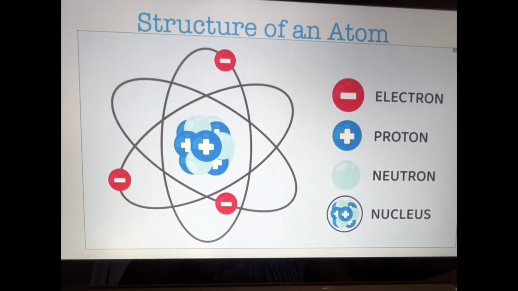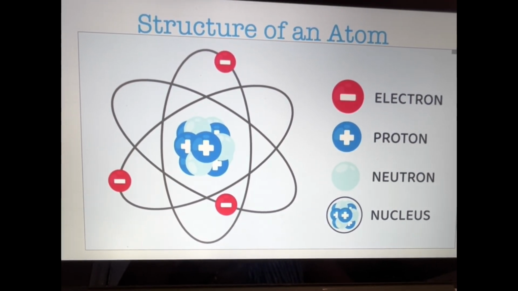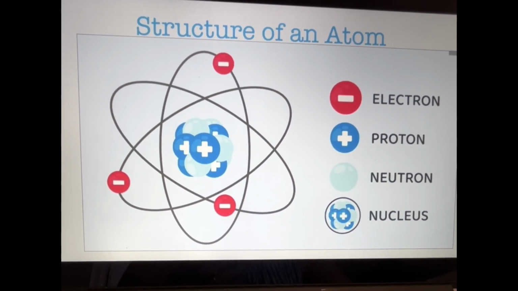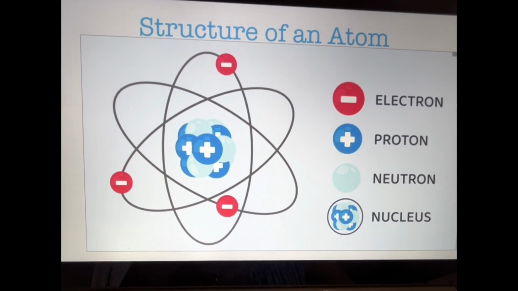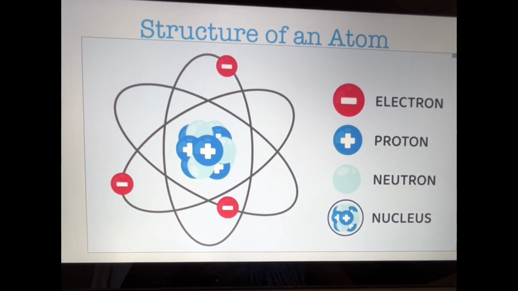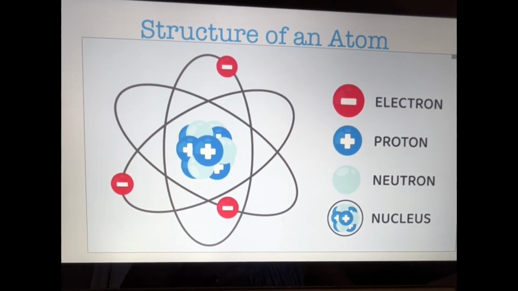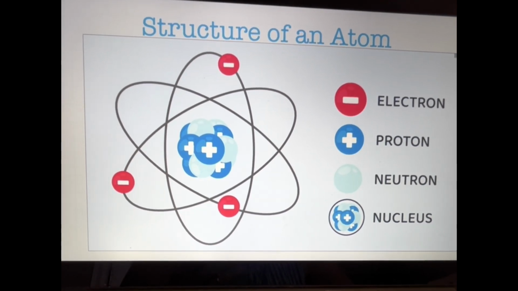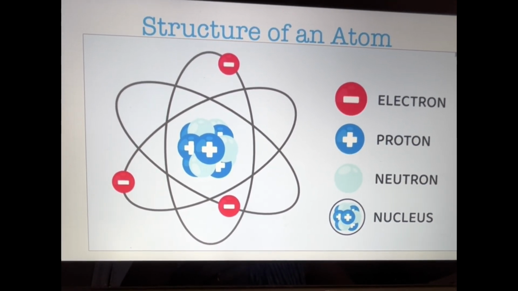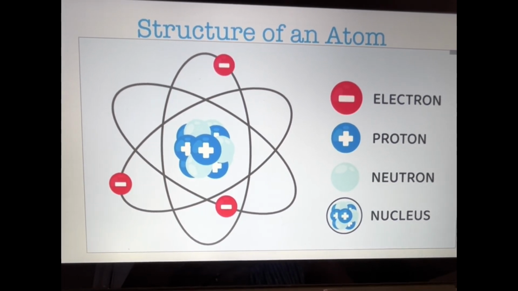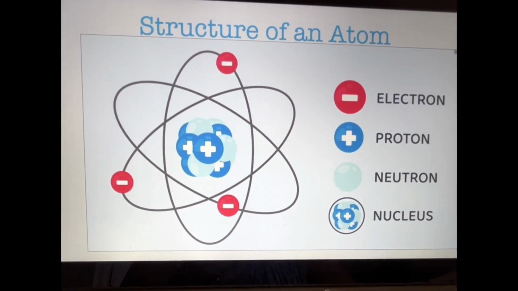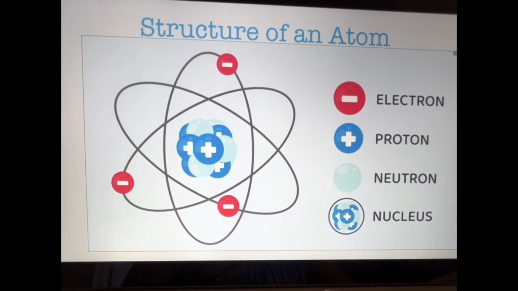Protons have a positive charge that is equal in magnitude to the negative charge of the electron. Since we know that opposite charges attract one another, we can conclude that protons and electrons are attracted to one another. Atoms are neutral because they contain the same number of protons and electrons. The neutron is roughly the same size as the proton.